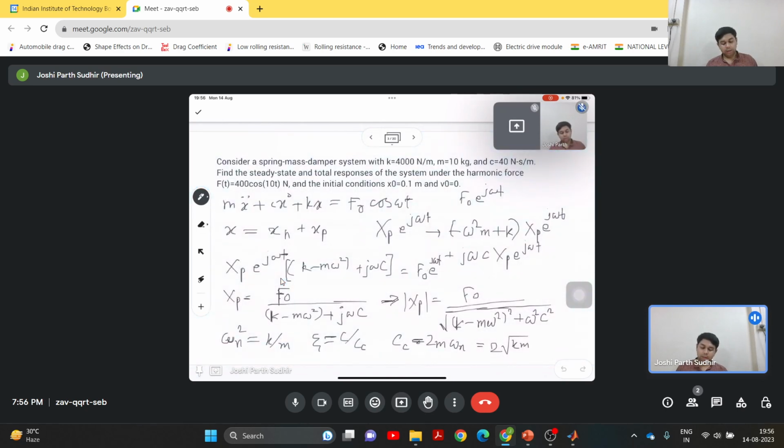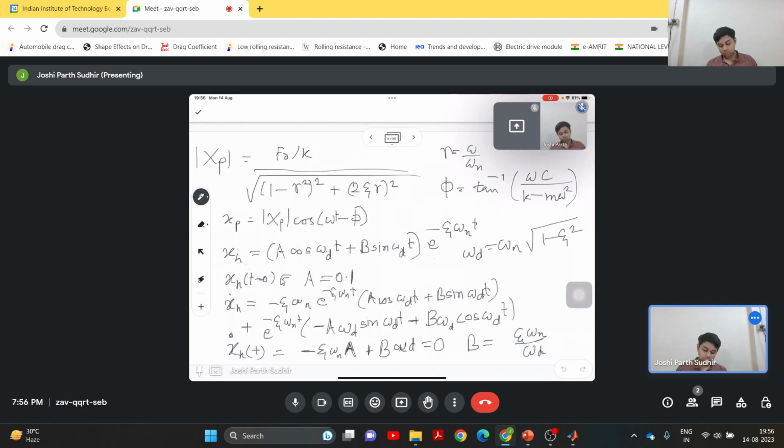So now we can write down the complete solution in terms of the initial conditions.